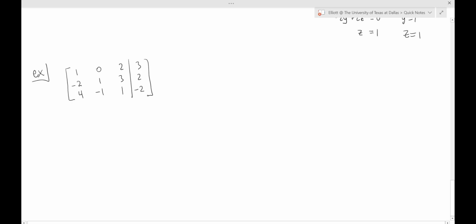And let's try to do elimination with this new system. All right, so here's my first pivot. I'm going to use it to eliminate everything beneath it. So I'm going to do row 2 plus 2 row 1, and we'll do row 3 minus 4 of row 1.